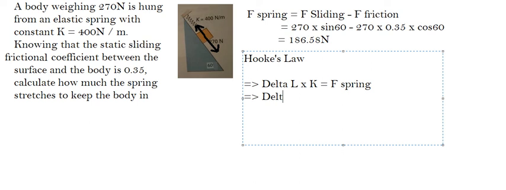So we calculate delta L. Delta L is the stretch of the spring, so we have F spring divided by K, and we have 186.58 divided by 400, and you get the answer.